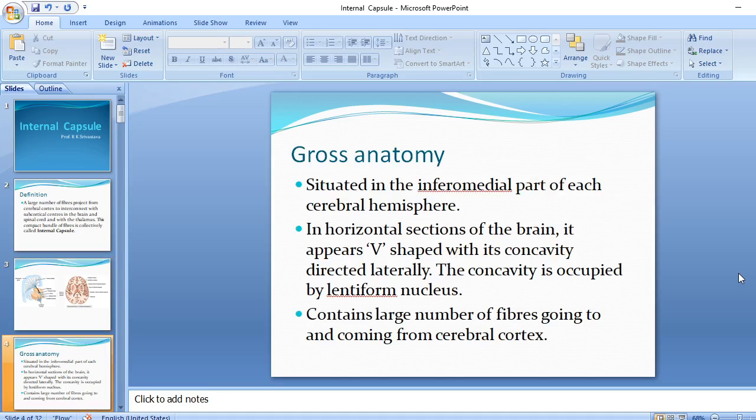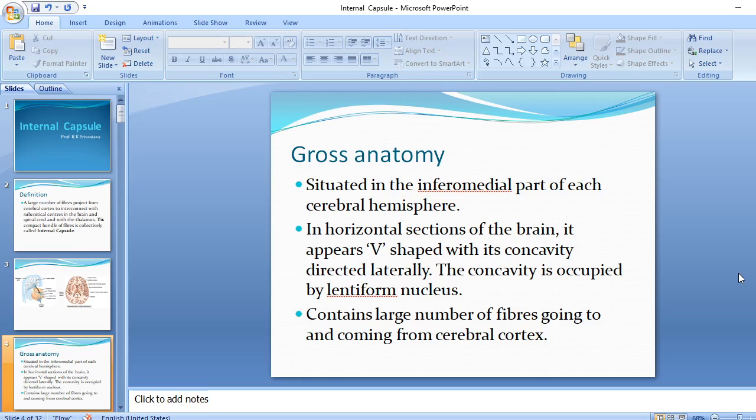This internal capsule is situated in the inferior middle part of each cerebral hemisphere. In a horizontal section of the brain, it appears V-shaped with its concavity directed laterally. This concavity is occupied by lentiform nucleus.